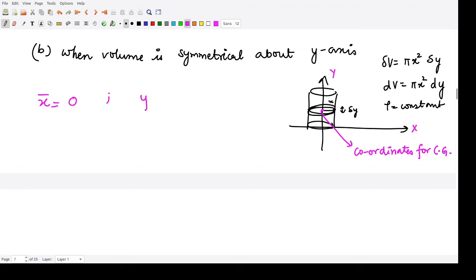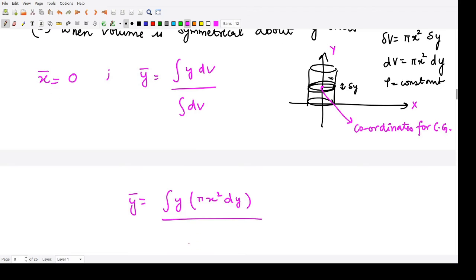And the coordinate y bar would be integration of y dv divided by integration of dv. We substitute the value: dv is pi x square dy, so y bar is integration of y pi x square dy divided by integration of pi x square dy. And x bar is equal to 0. These are the coordinates for the center of gravity in this particular case.